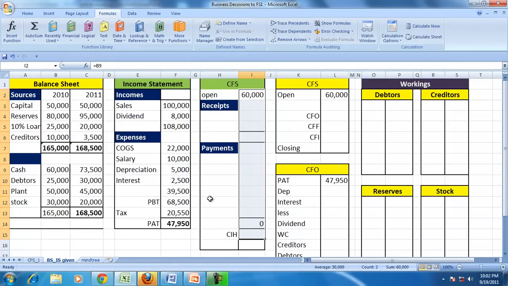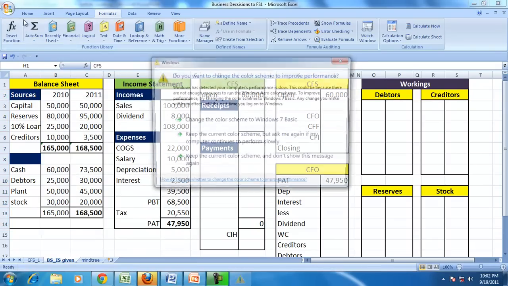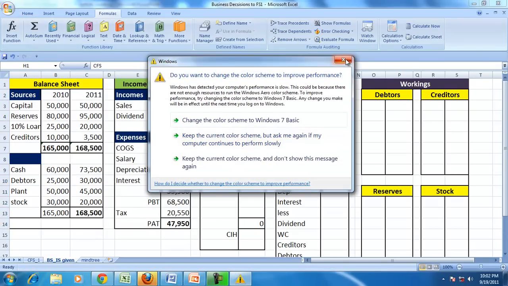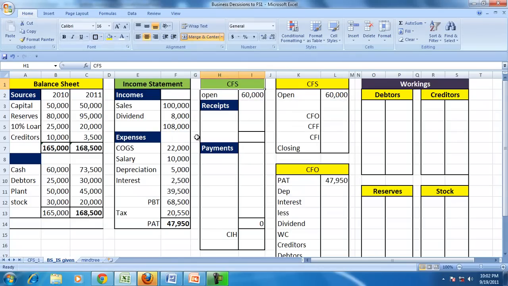But even without the transactions, if the three financial statements are given, then it is possible to find the underlying business decisions as we prepare the missing financial statement, which is the cash flow statement here.